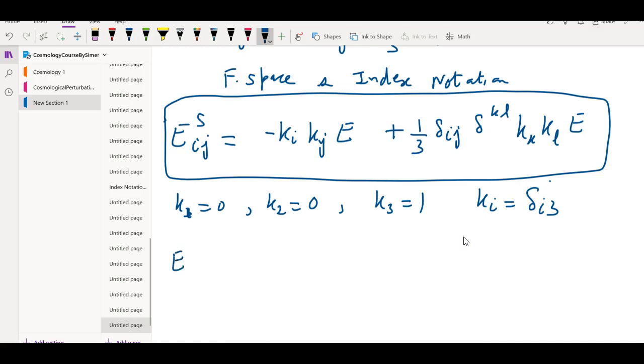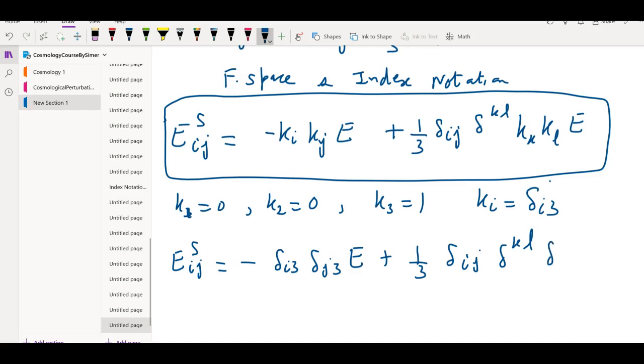So I can write E_ij S as minus delta i3 delta j3 E plus 1 by 3 delta ij delta KL. k_k k_l is delta k3 delta l3 E.